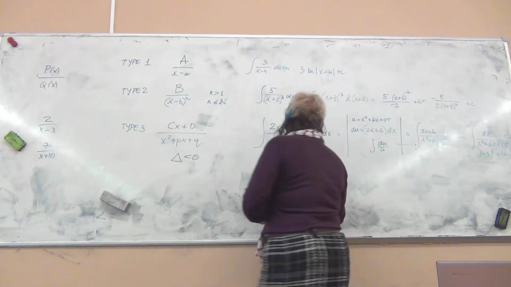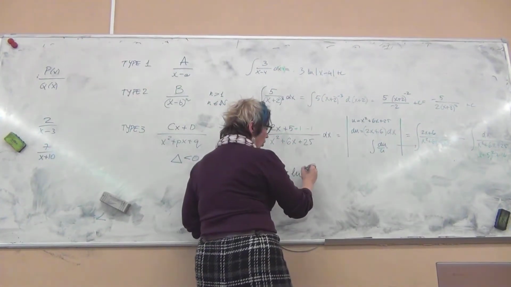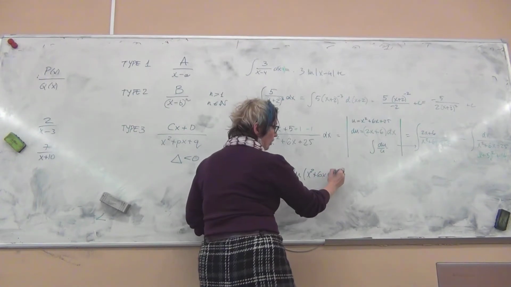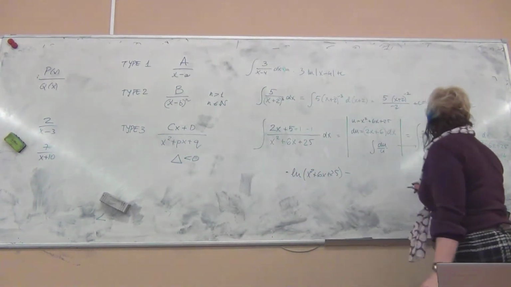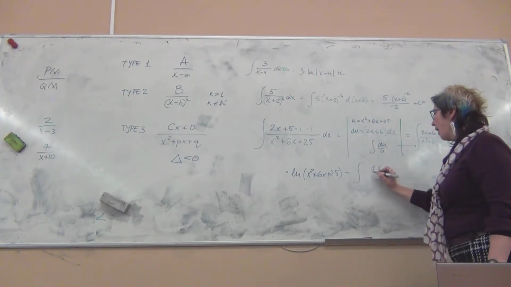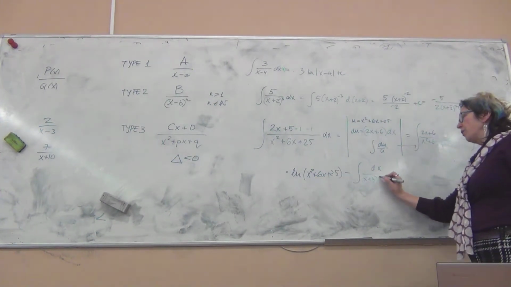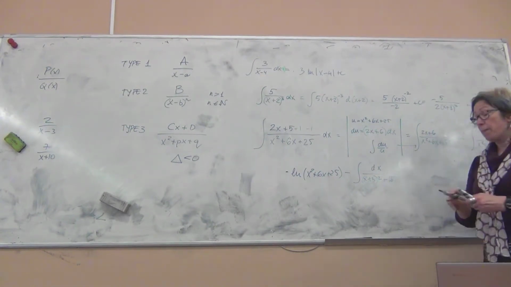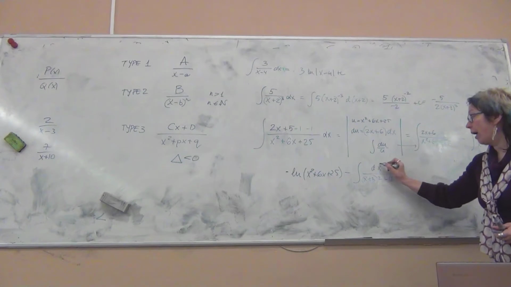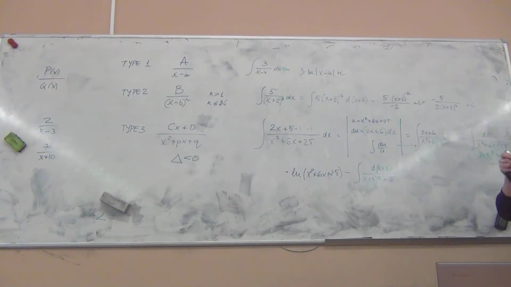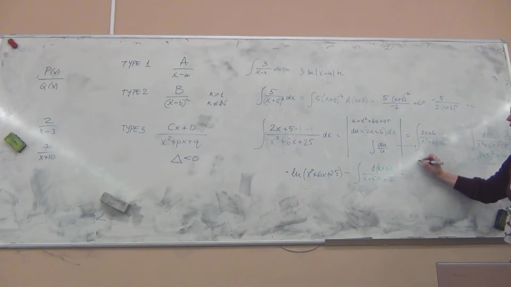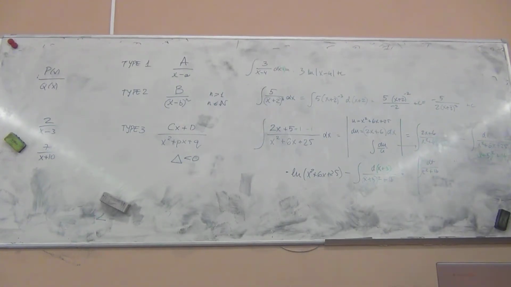So for the first component, I have the natural logarithm of x squared plus 6x plus 25, minus the integral of dx over (x plus 3) squared plus 16. Now I add 3 inside the differential here. So at this point I have dt over t squared plus 16, this type of integral, and that's a standard integral: 1 over 4 arctangent of t over 4.